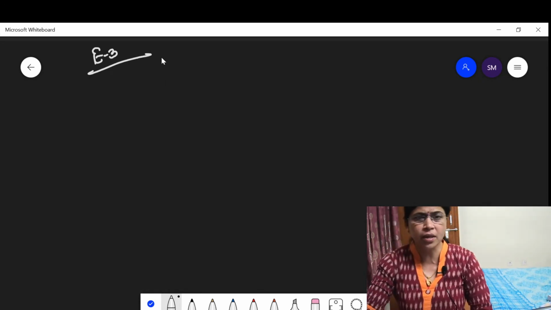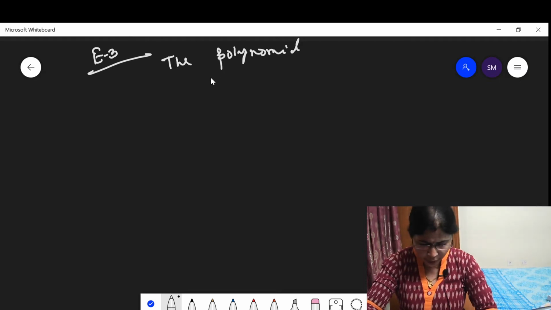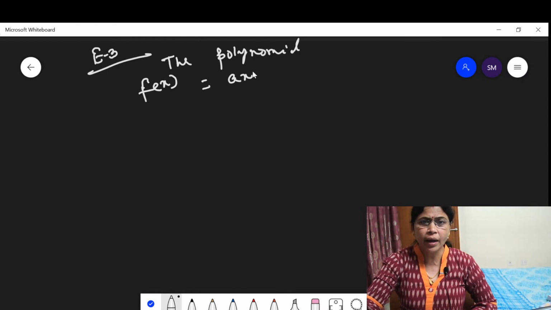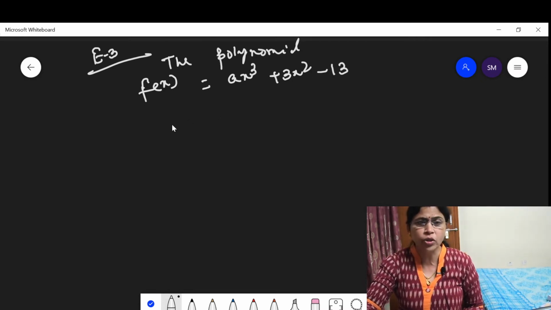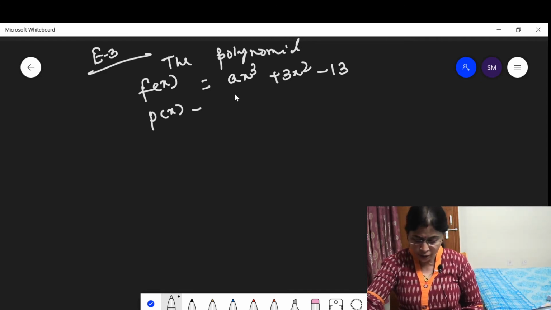Here the question says that the polynomial f(x) is equal to ax cube plus 3x square minus 13. This is very important, students: when you do divisions or solve questions, always try to put the polynomials in decreasing order of their degree.